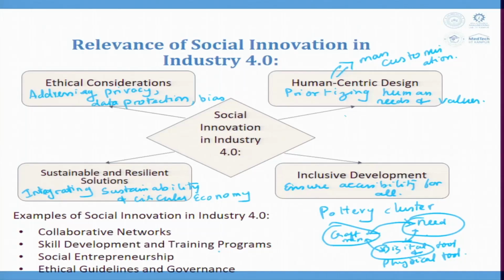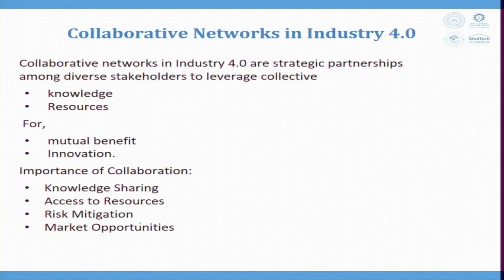So, more skill is required in identifying the root cause. The next one is social entrepreneurship programs, which are run based on social innovation in industry 4.0, and ethical guidelines and governance are also some of the examples of social innovation in industry 4.0.